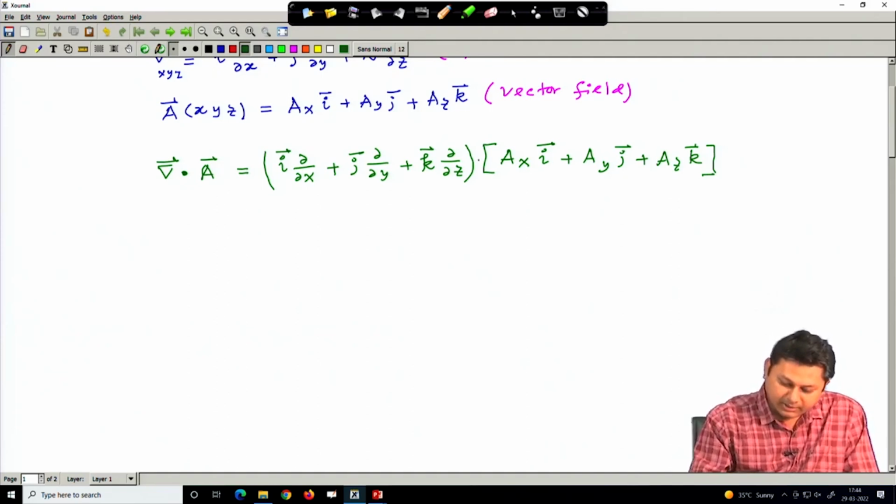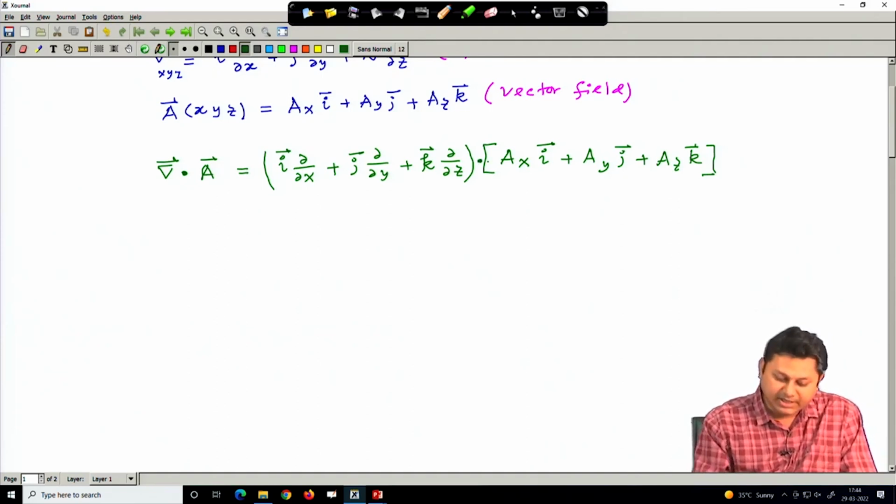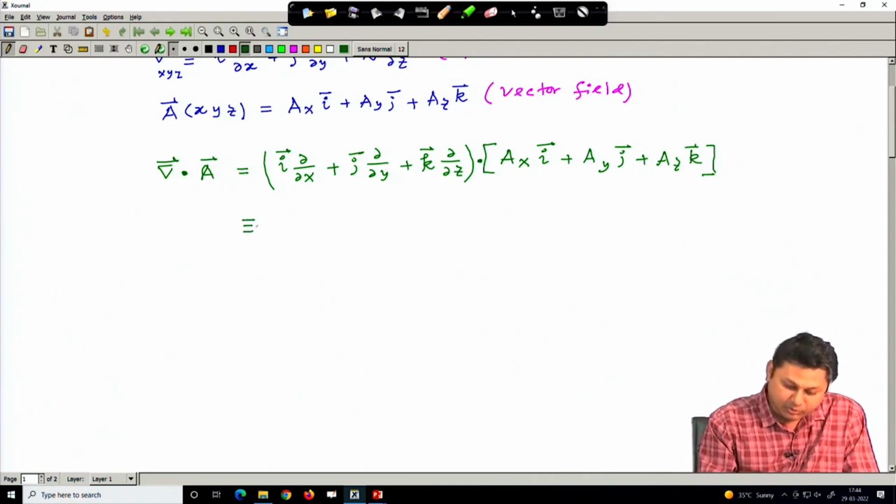Now, here we should have a dot operation such that the output looks like this. Finally, del x will operate over Ax, del y will operate over Ay, and del z will operate over Az.